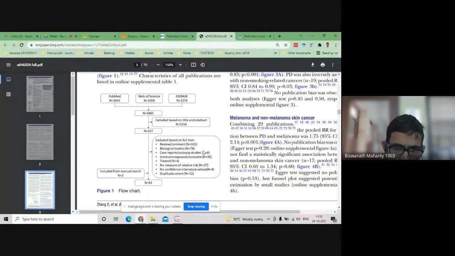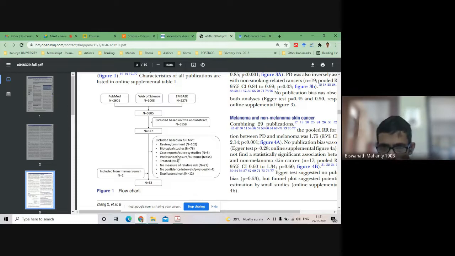I will not use them. I am telling them why I am not using them. Then after removing these, I am left with a total of 63 papers. Some other 2 papers from manual search I am also adding. So these papers: 102 reviews I removed. 76 biological studies I am removing. 27 papers with no relative risk, for example, they are removing.